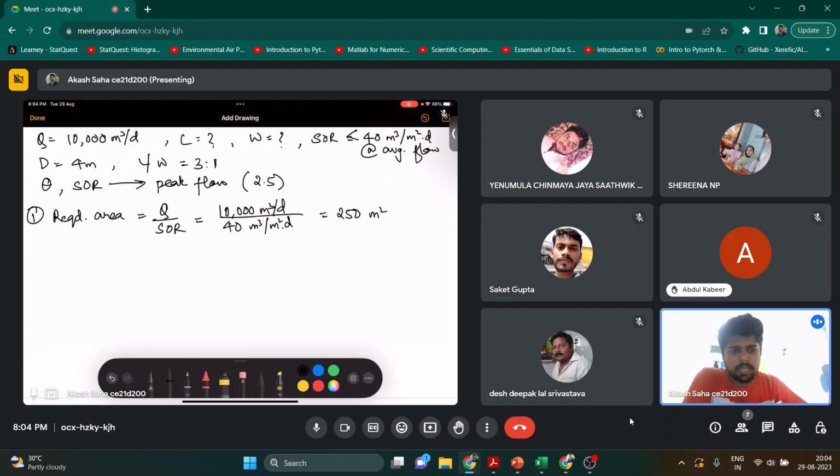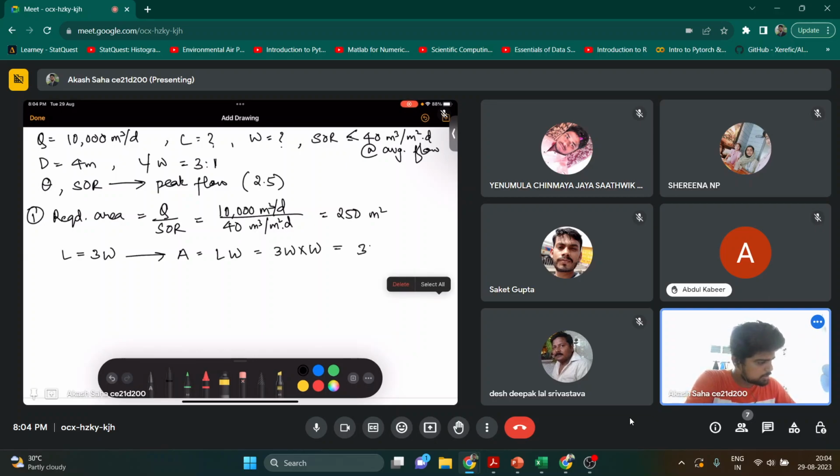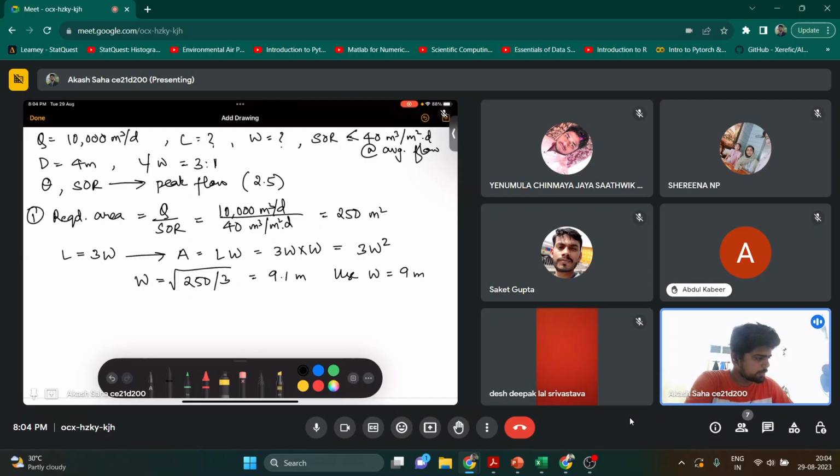This is the required area for the basin. Now we know that L is equal to 3 times the width. So my area will be equal to L into W, that is 3W into W, which is 3W square. So W will be equal to root over 250 by 3, which is 9.1. So we can use W as 9 meter.